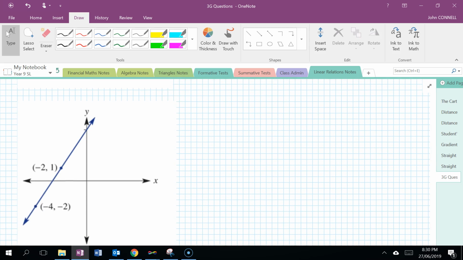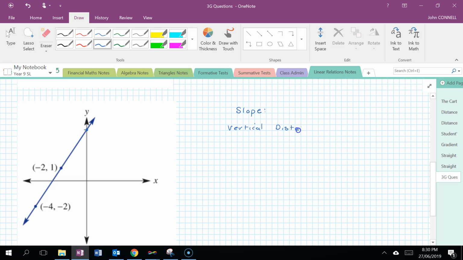Okay, now in this one, they haven't actually given us the y-intercept. It's not actually there. But they've given us two other points. So what we start by doing is we start by working out the slope. So we can say the slope, well, we need vertical distance.